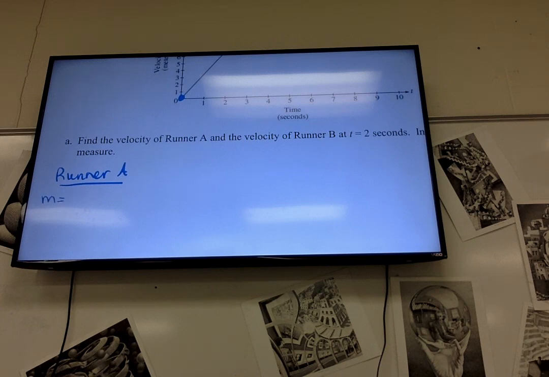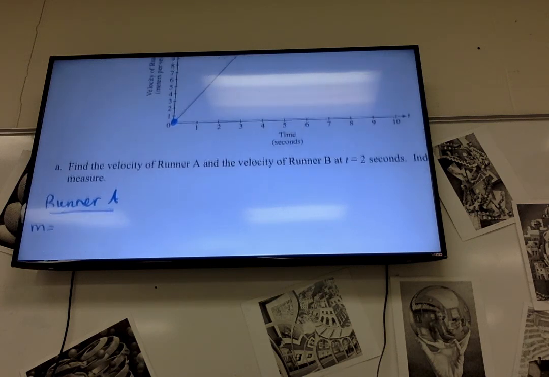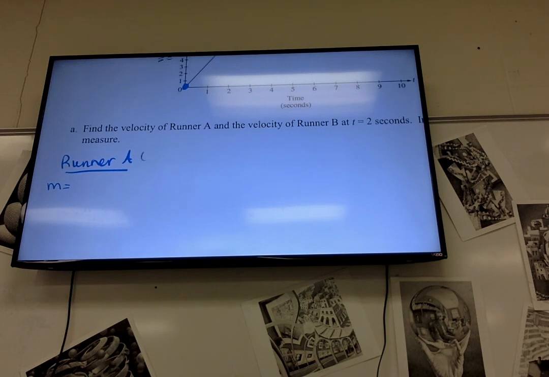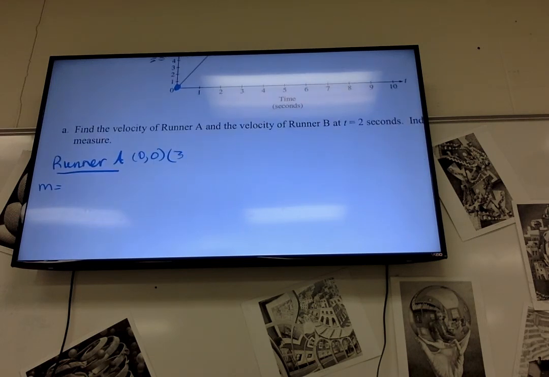And we know our m, our slope, using those 2 points, 0, 0, and 3, 10, is y2 minus y1 over x2 minus x1. So the slope is 10/3. And then the y-intercept we can see here is at 0.